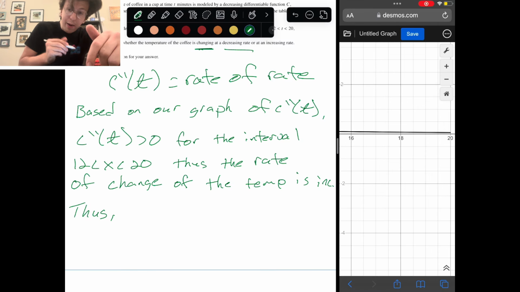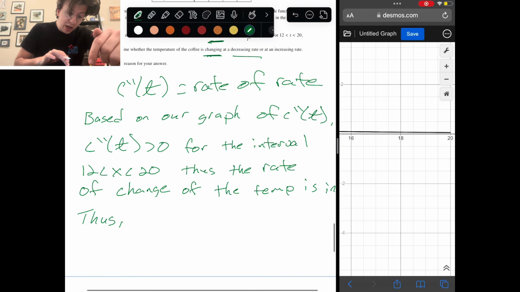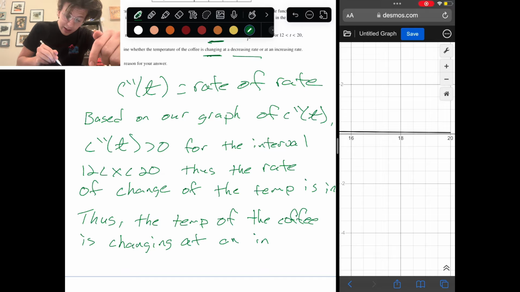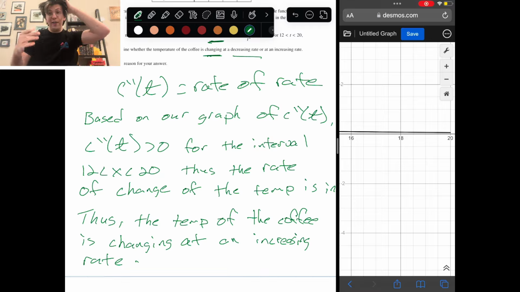Thus, I always try to reframe it and put it in the calculus terms that they want, just from the question. So thus, the temperature of the coffee is changing at an increasing rate, and that's because our second derivative, that whole interval, is a positive y value.